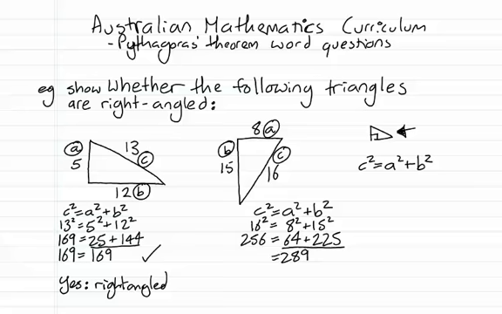That's not equal to 256. So put a line through, not equal. So c squared did not equal a squared plus b squared for this triangle, so it is not right-angled.